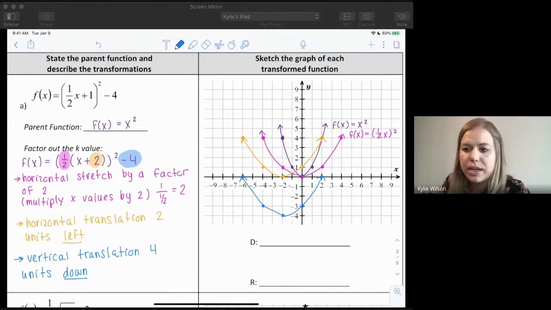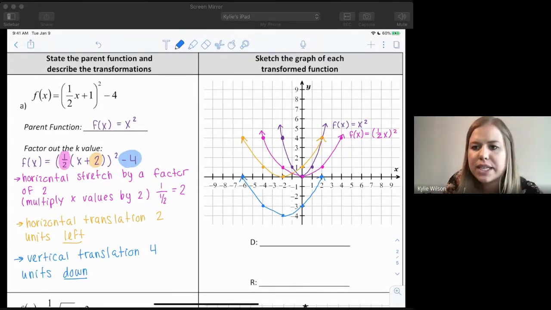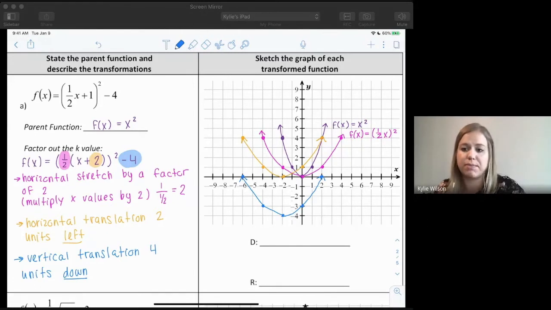At what point do I multiply when you have a horizontal or vertical stretch or compression? So that's a really good question. And we're going to go through a bunch of examples with different options to show you as many as possible. So with my a value, I'm always going to multiply my y's by whatever a is.